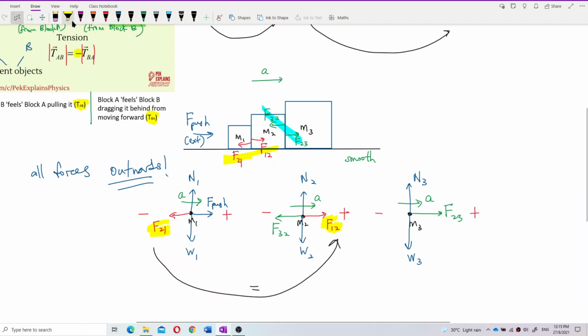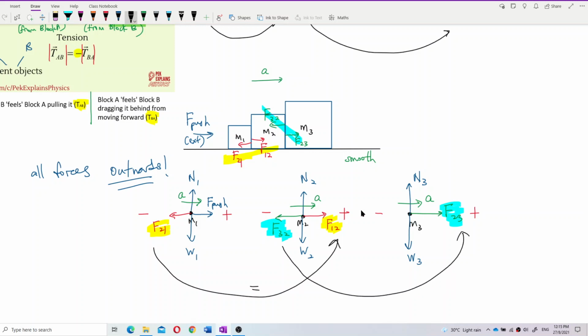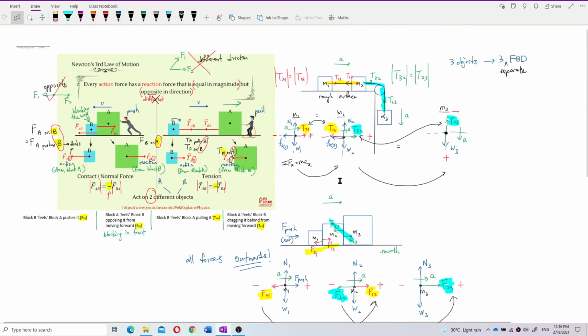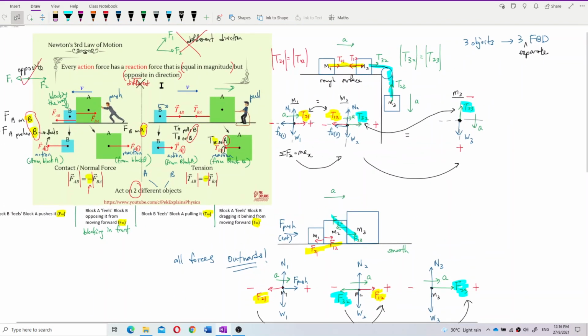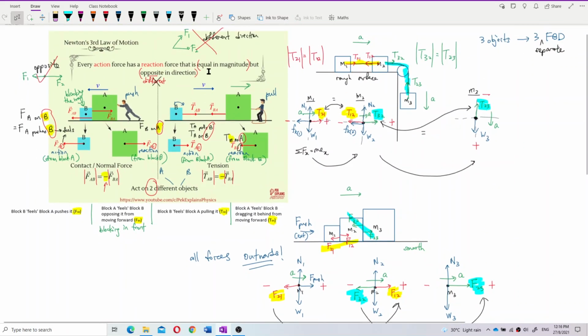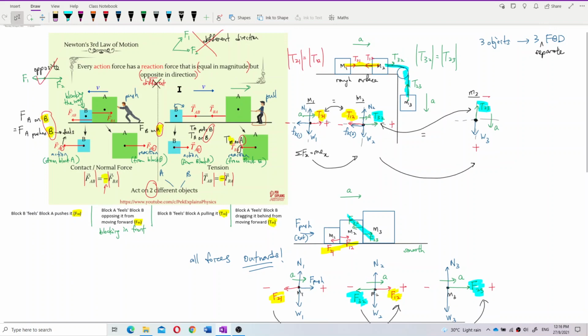F32 you get from here, and you can substitute to F23 to solve for mass 3, because action reaction forces are equal in magnitude, just opposite in direction. So that's how you do Newton's third law of motion. I hope you understand. Remember, action reaction forces are equal in magnitude but opposite in direction, not different direction.